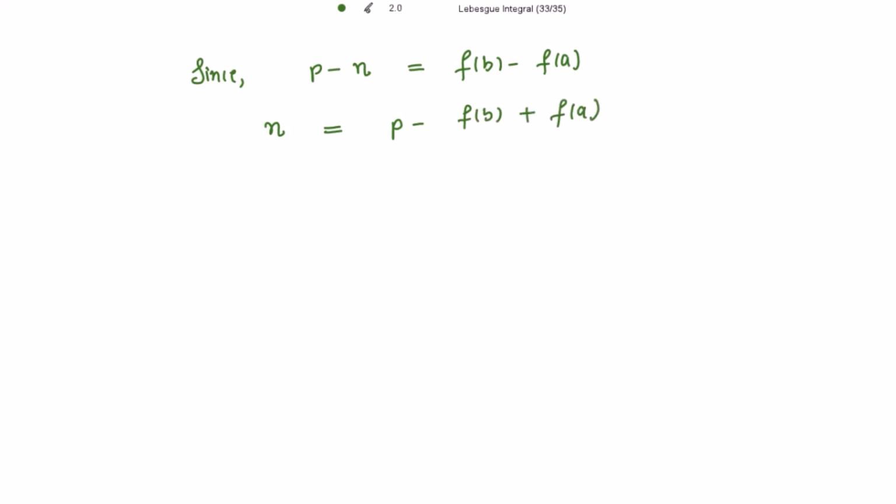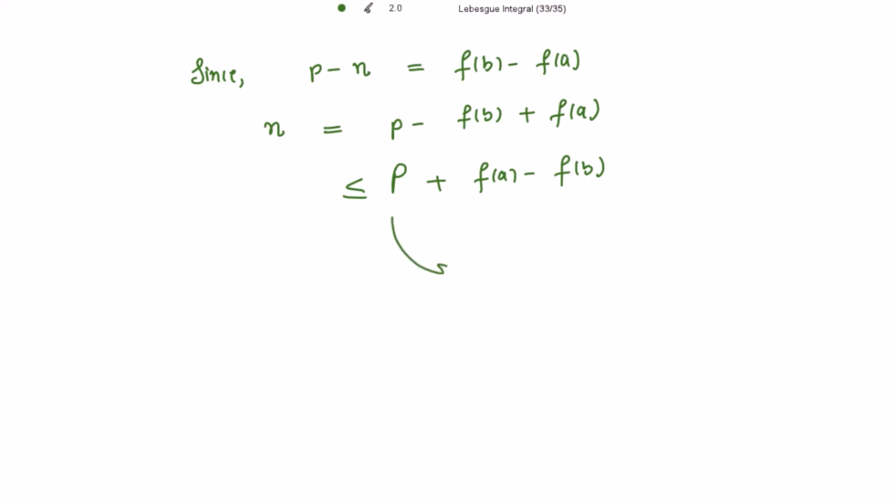Just take the negative common and you will get this. And because the supremum of small p is capital P, this p is less than or equal to capital P. So writing this further, it is less than or equal to capital P plus f(a) minus f(b).